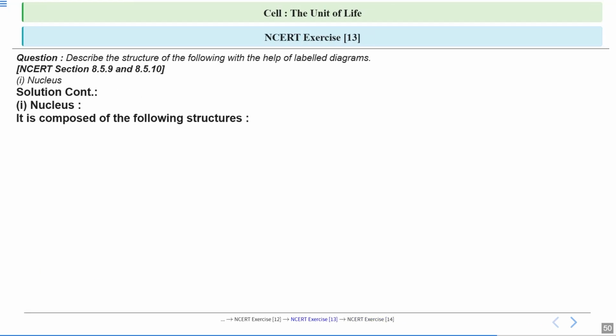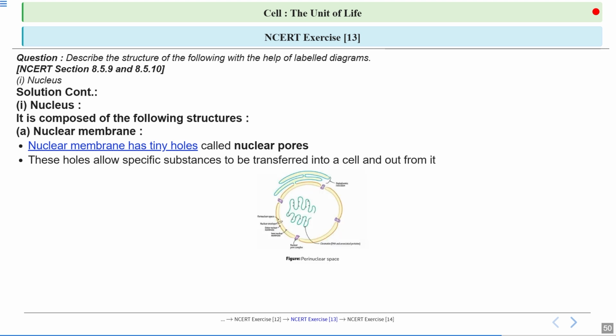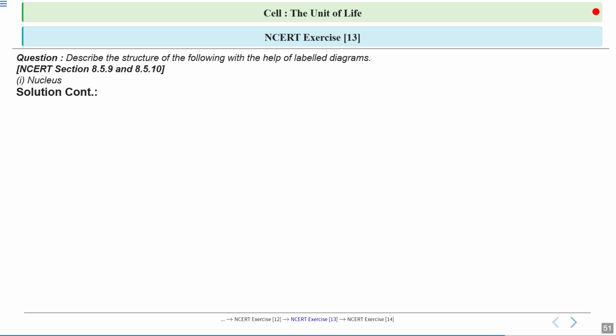The nuclear membrane has tiny holes known as nuclear pores. These pores allow specific substances to be transferred into the nucleus and out from it, such as RNA and certain proteins.